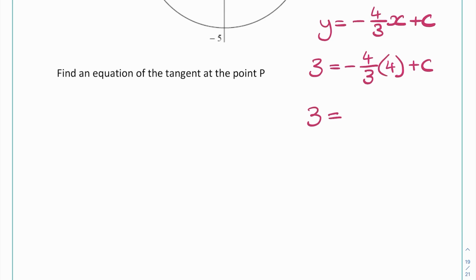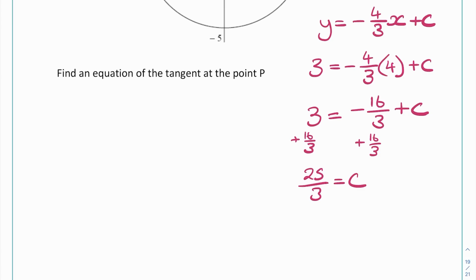But 3 is equal to -16/3 + c, and we just need to add 16/3 to both sides, and again remembering you can always do that on the calculator. So 3 plus 16/3 gives me 25/3. So 25/3 is equal to c.